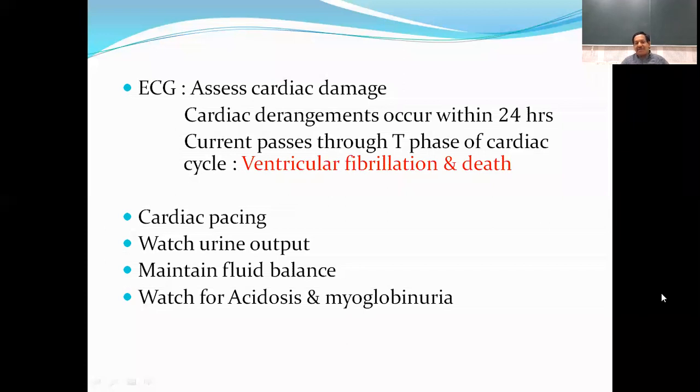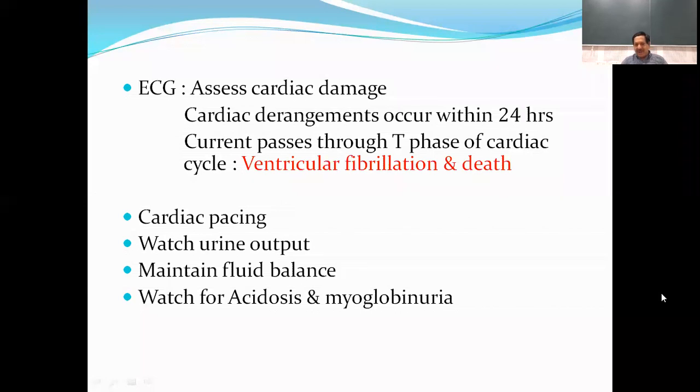The treatment is you maintain fluid balance, watch the urine output. We need high urine output. Otherwise, these myoglobins will destroy the kidney. They will end up in renal failure. Normally, we have seen the target for urinary output in an adult in a case of major burns is 0.5 to 1 ml per kg body weight per hour.